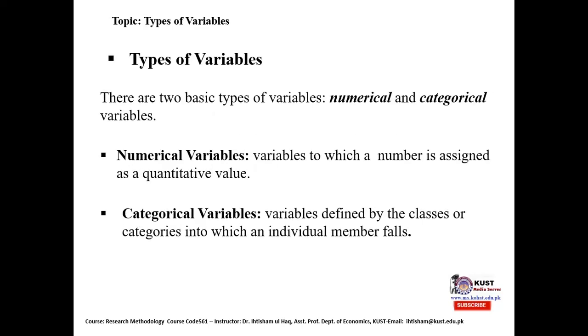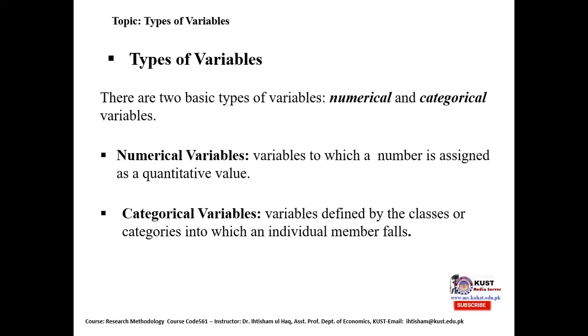Now if we move on to the types of variables, on basis of data we can define variable into numerical variable and categorical variables. So variables to which a number is assigned as a quantitative value are called numerical variable, whereas categorical variable can be defined by the classes.